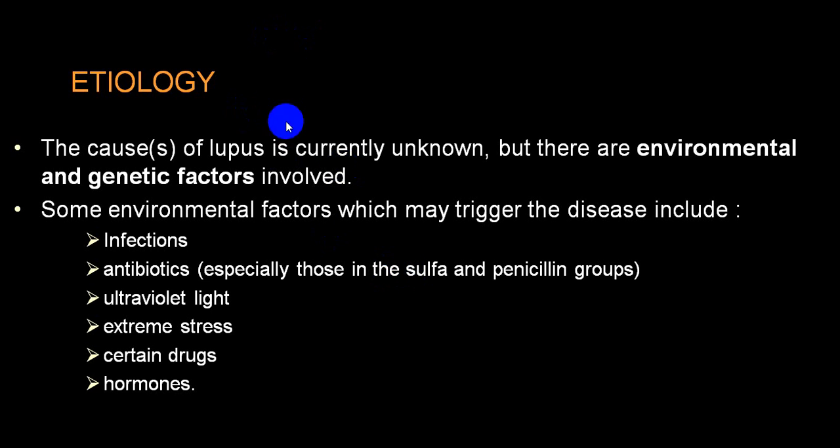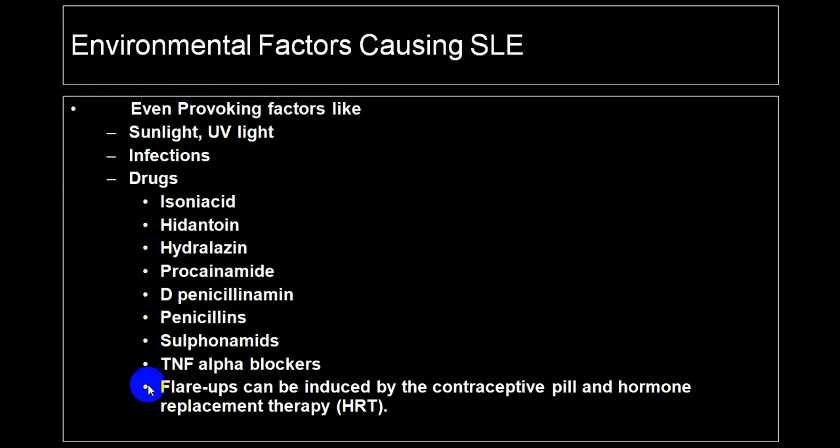There are a good number of environmental factors like infection, drugs, ultraviolet light, extreme stress, hormones, etc. Ultraviolet light, infection, and a big list of drugs, out of which the most common, penicillin and sulfonamides, come topmost on the list. Even isoniazid.